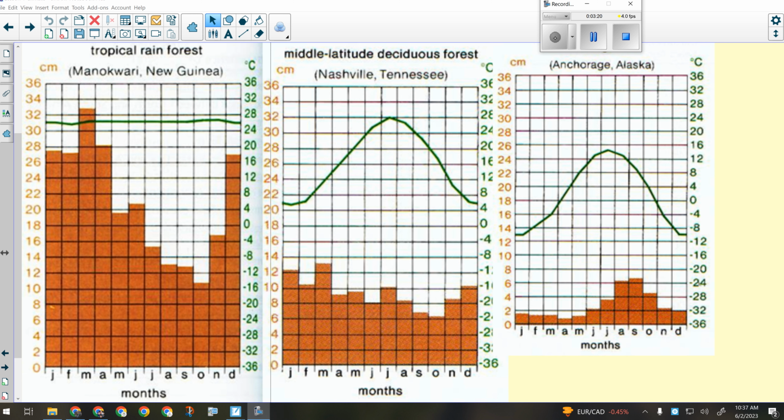How can I tell that? How cold is the coldest month according to that graph? Temperature's on the right-hand side. Coldest month is plus 6 degrees. Is that very cold? I would love it if our coldest month was only plus 6 degrees.